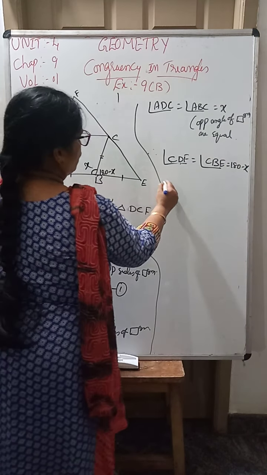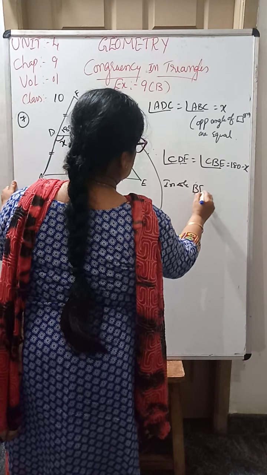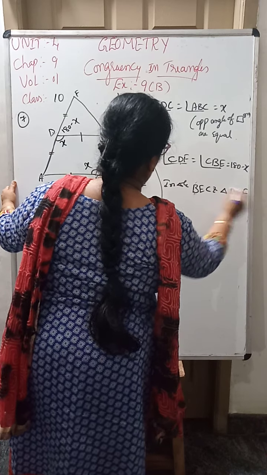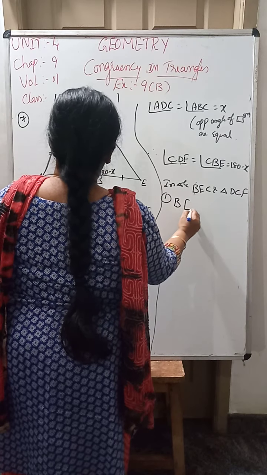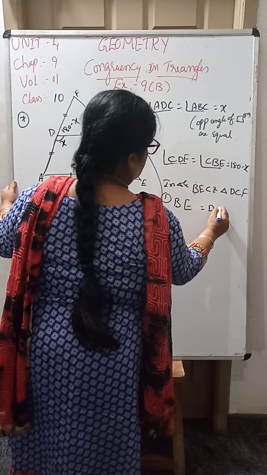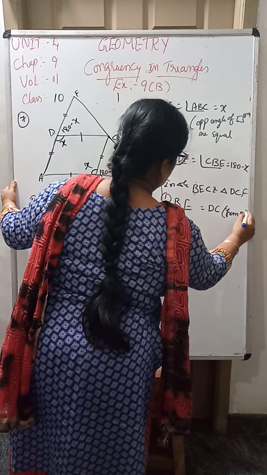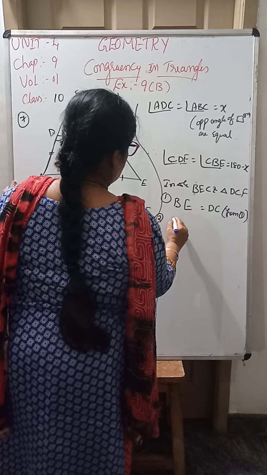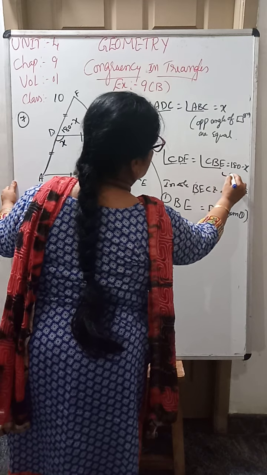Now, in triangle BEC and triangle DCF, first one let us write down. BE is equal to DC. Reason from 1. Number 2: BC. Let us go for angle. Call this as 3.